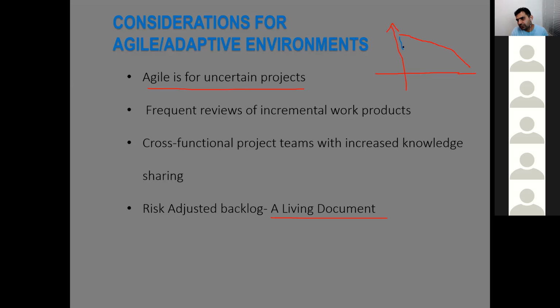So the proposition of risk is like this in an agile environment, where your risks are on the y-axis, and this is time. Most of your risks are reduced or vanished early over the timeline. Also, frequent reviews of incremental work products help us to get our deliverables, our features, our user stories accepted by the clients.